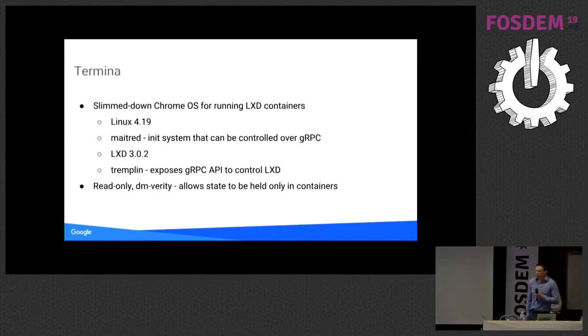So the VM we run, we called Termina. This is the thing that starts inside the VM. So it contains the init for the VM. And we wrote a custom init that was, again, super stripped down, knows it's running on a ChromeOS machine, knows that its only job in life is to get LXD up and running and start a container and do some lifecycle management things.